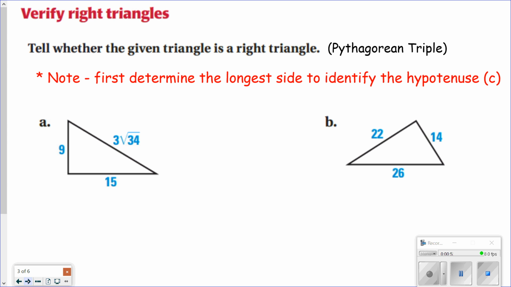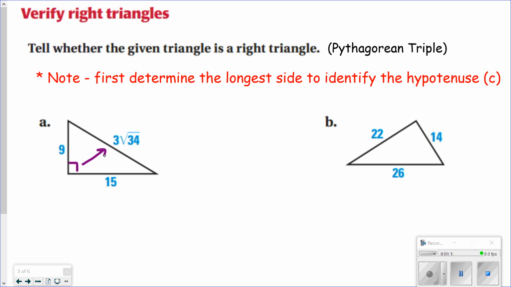If we put in 3 times the square root of 34 in our calculator, we get 17.4928, meaning my right angle would be here. So 3 times the square root of 34 is our hypotenuse.